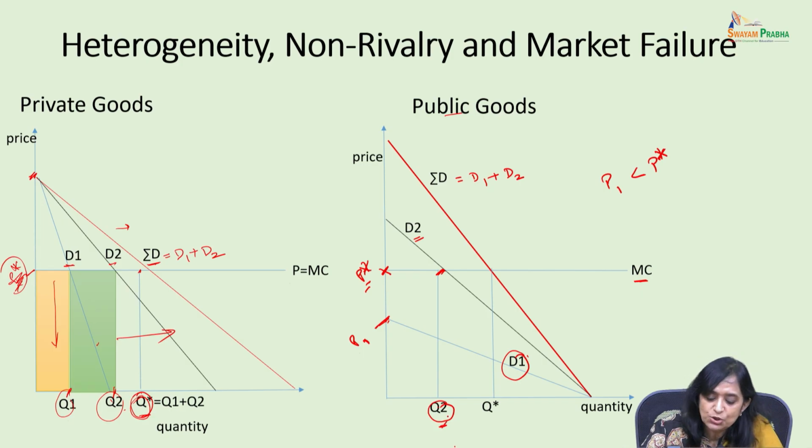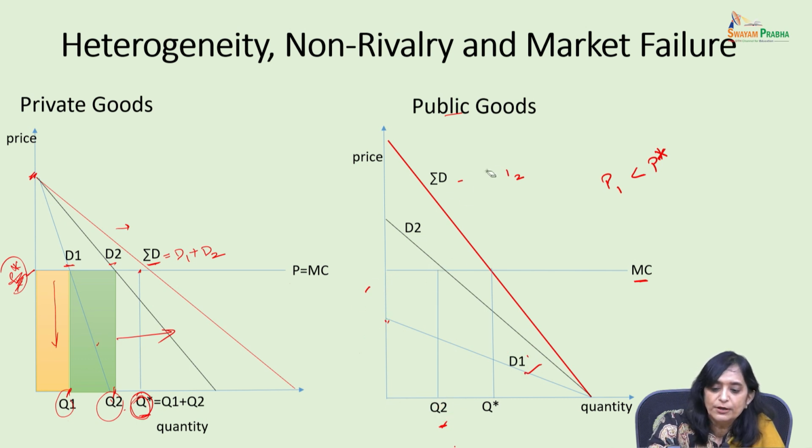Now, if this Q2 is going to be produced, the benefit of that Q2 is also going to be taken by person 1. Correct? So, without paying, this person is going to enjoy the benefits of this good.